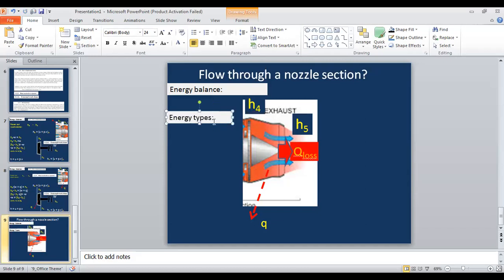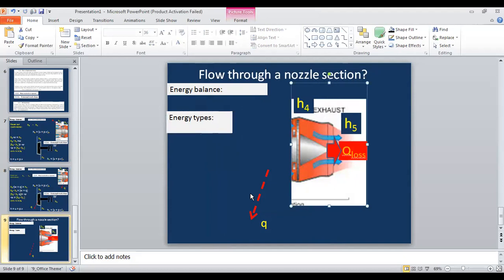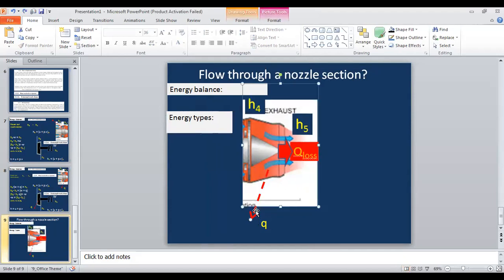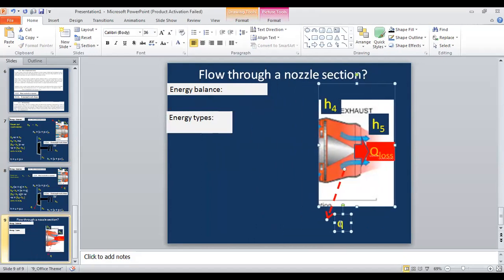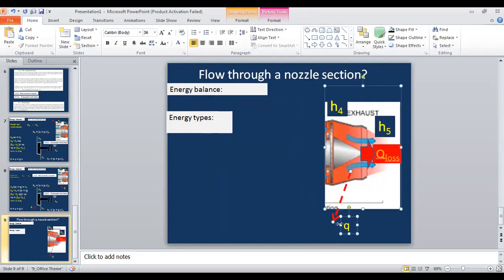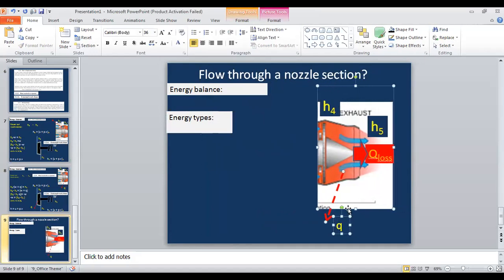You can see one energy component, of course, related to internal energy plus flow work. So are there other components? U plus PV, you know this.